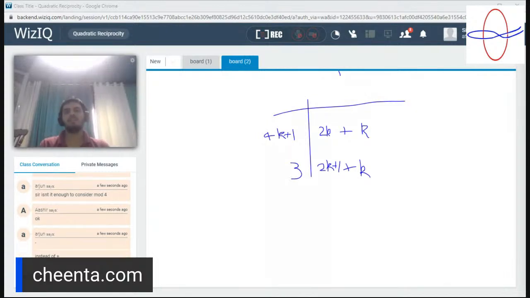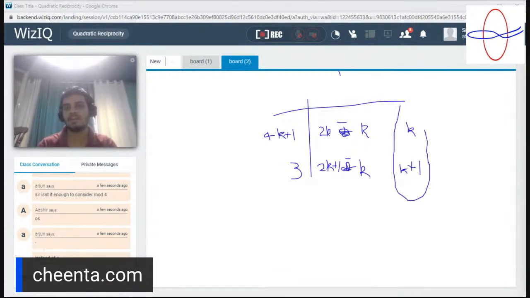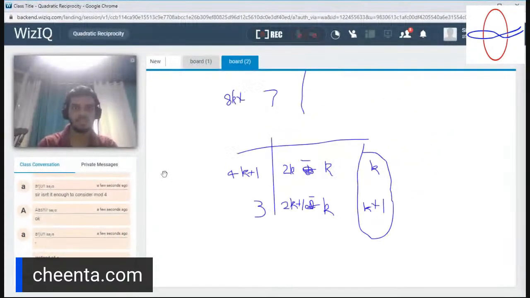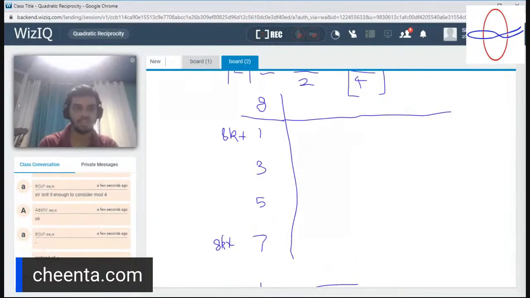Sorry, this is minus here. So you basically get k here and k plus 1. So it becomes non-trivial to find whether this value is odd or even, correct? And finally, what we need is to find whether this value is odd or even. So instead, we just look at the residues mod 8. I hope you understood that.